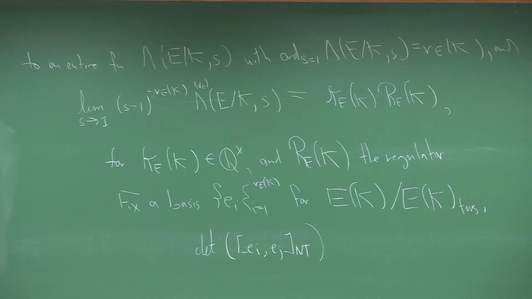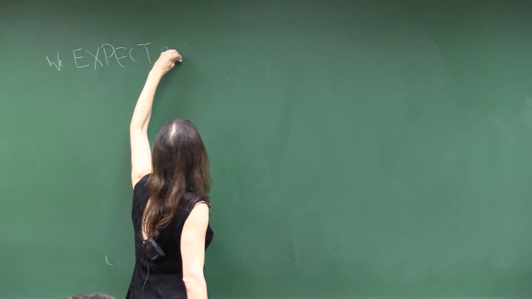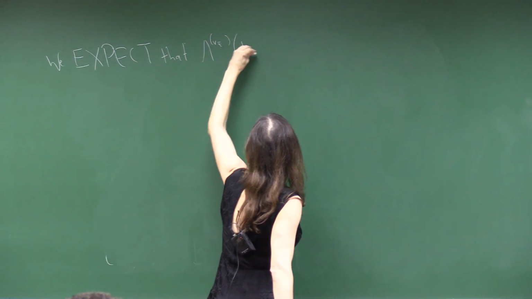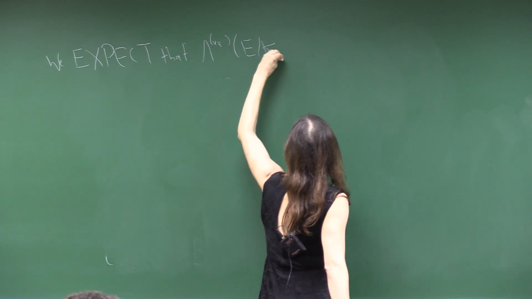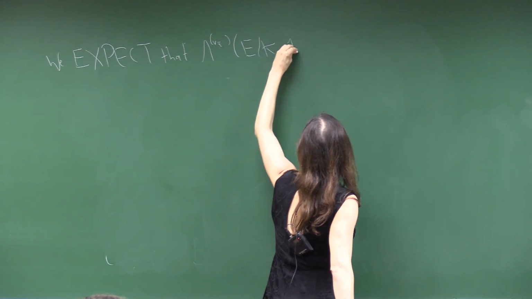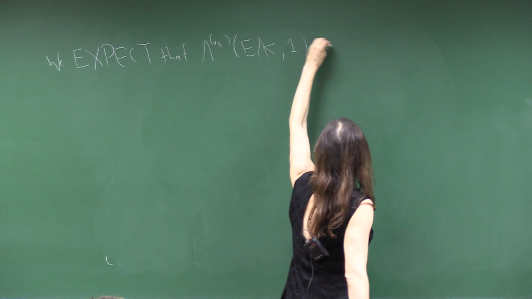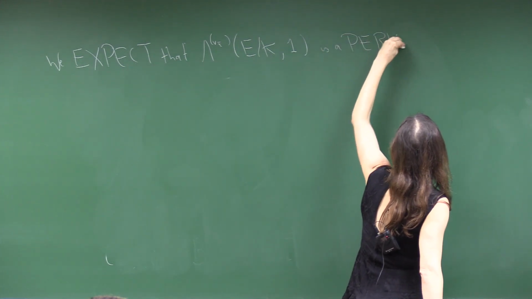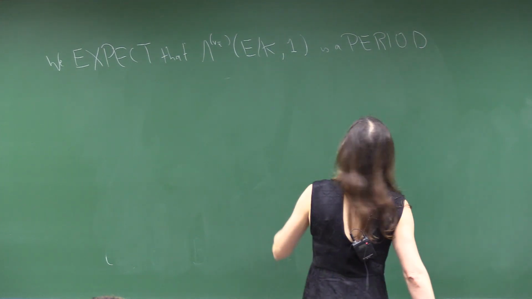So we expect more generally that the rth central derivative value, so s equals 1 is the central point, is a period, in the sense of Kontsevich-Zagier.